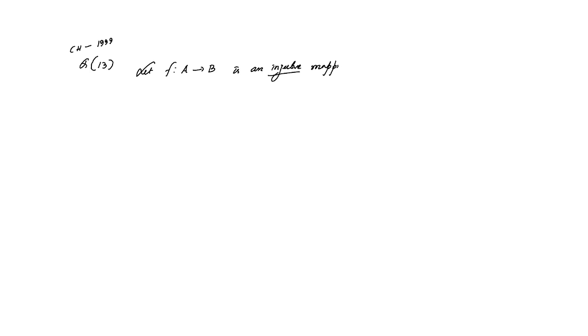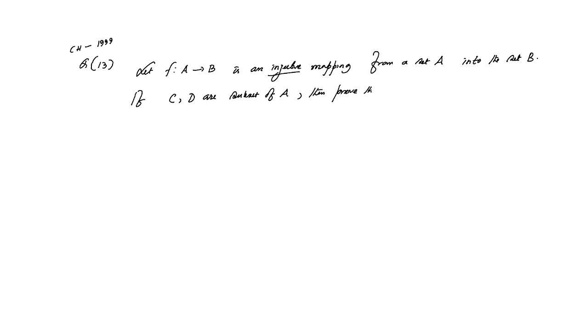Now it is given that it is an injective mapping, from a set A into the set B. If C and D are subsets of A, then prove that f of C intersection D equals fC intersection fD.